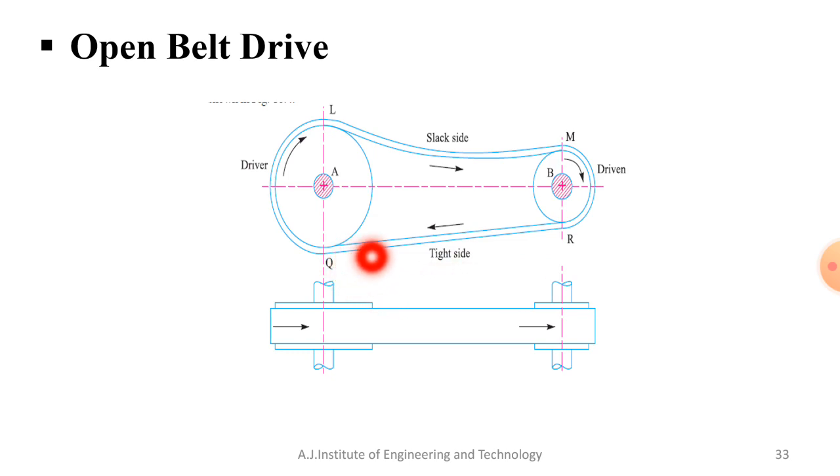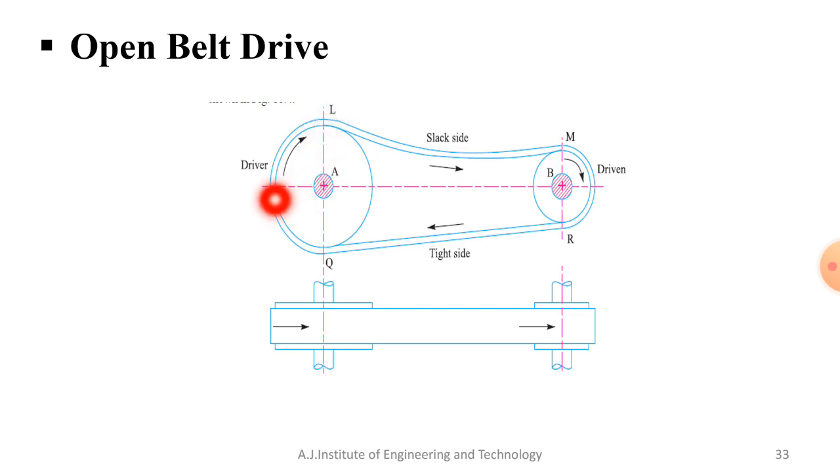If this rotates in a clockwise direction, there will be a pulling force at this side, and this pulls the belt from the driven side and tries to rotate.